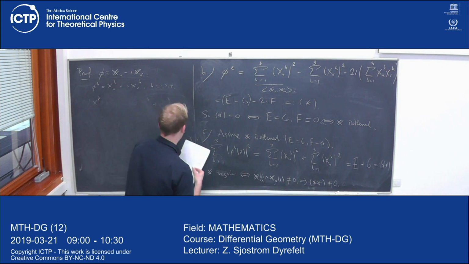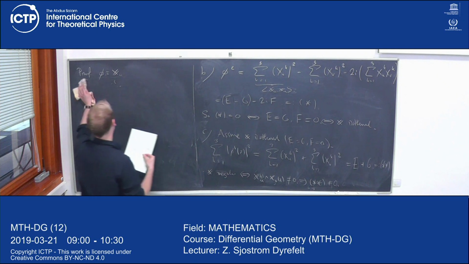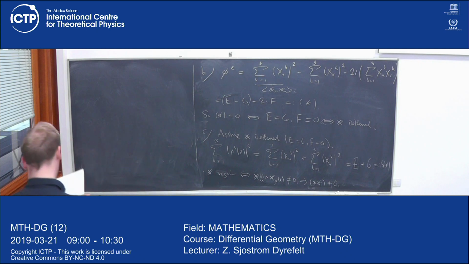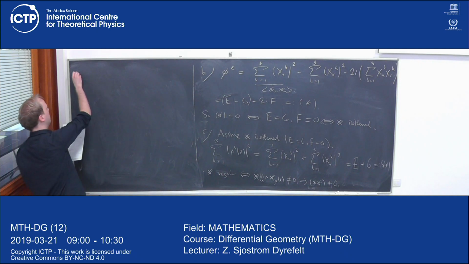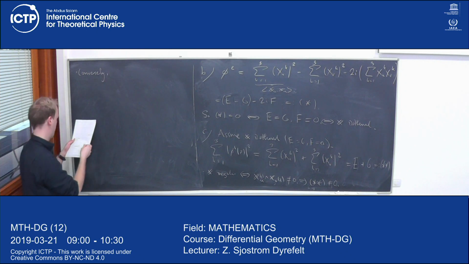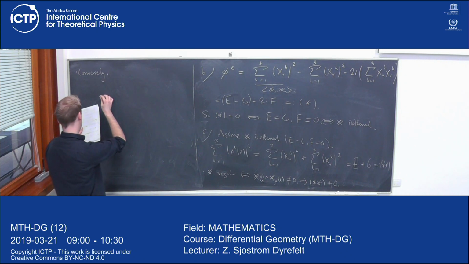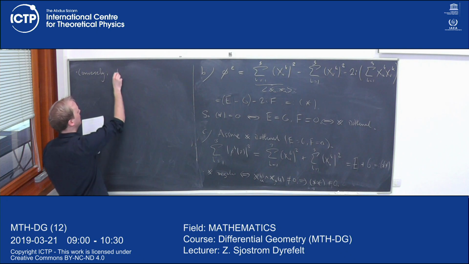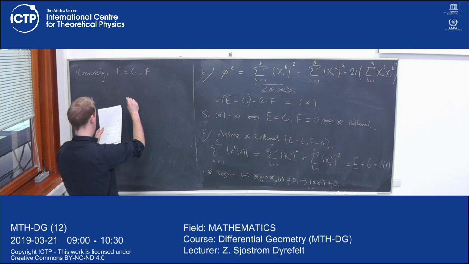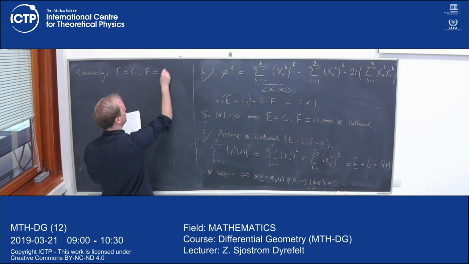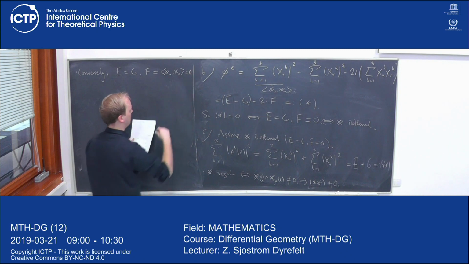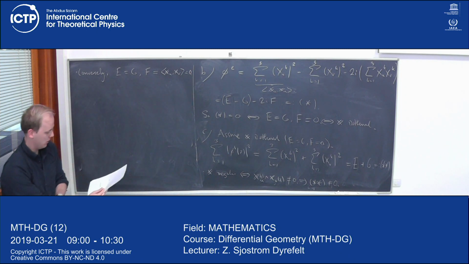And then we have the other direction, and this is where we have to use the isothermality assumption. So conversely, remember that we have E equals G and F equals Xu dot Xv equals 0.